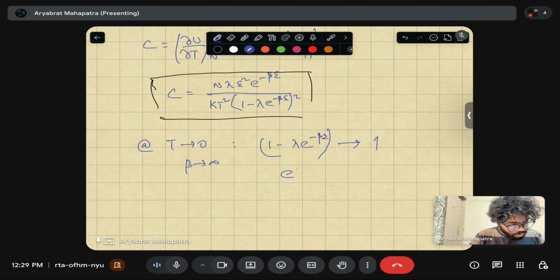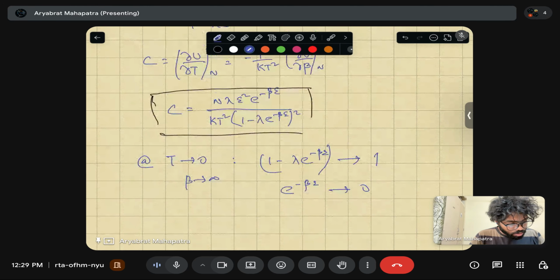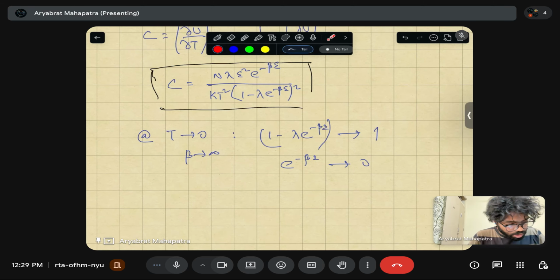So exponential of minus beta epsilon is zero, and in the numerator you have this overall factor of exponential of minus beta epsilon. So this will make the specific heat go to zero. So C will finally go to zero at T equals zero.